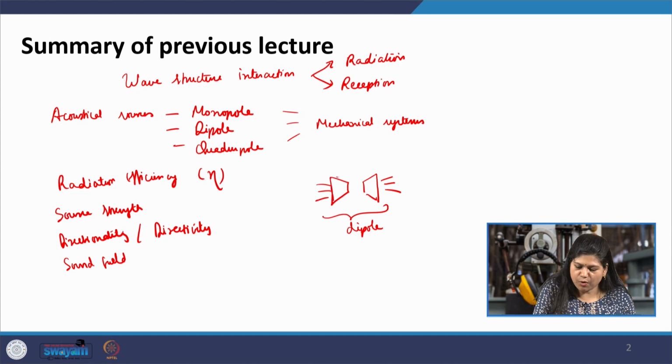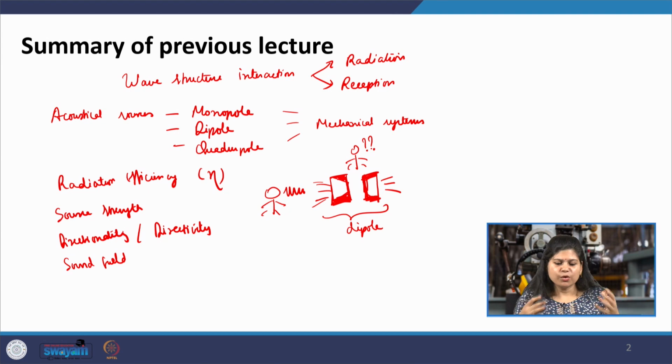When you stand here, you hear a lot of noise, but when you stand here, you hear no noise at all. You can do these experiments at home and see for yourself how in certain regions the sound pressure could be quite high, whereas in certain regions they could be nullified and you hear very low sound pressure or very low noise.